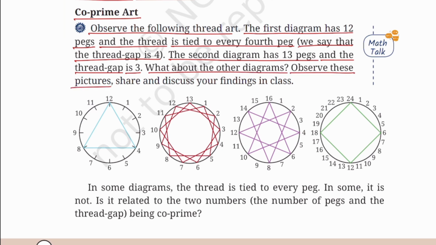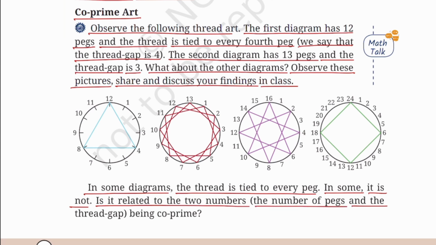Observe these pictures, share and discuss your findings in class. In some diagrams, the thread is tied to every peg. In some, it is not. Is it related to the two numbers, the number of pegs and the thread gap, being co-prime?